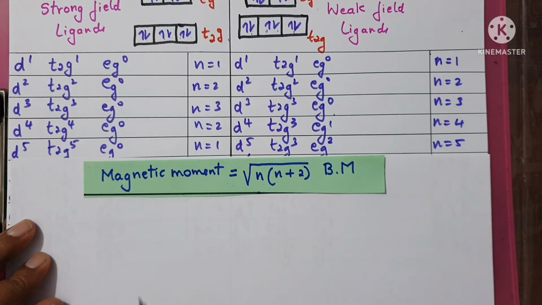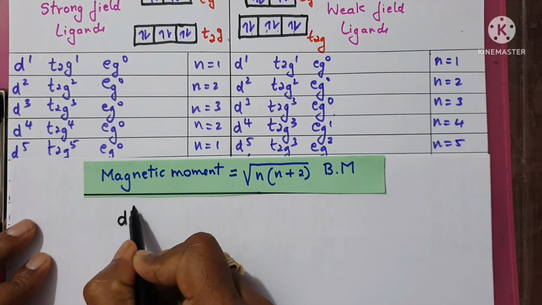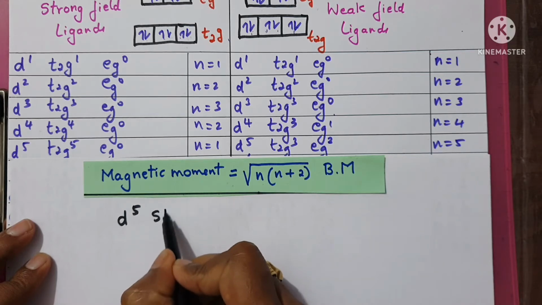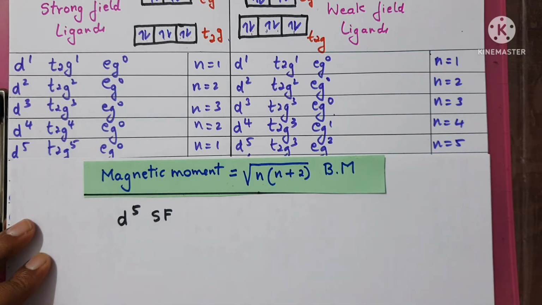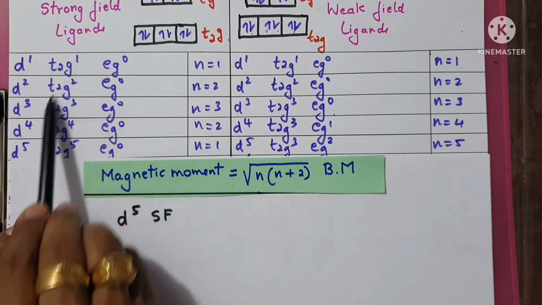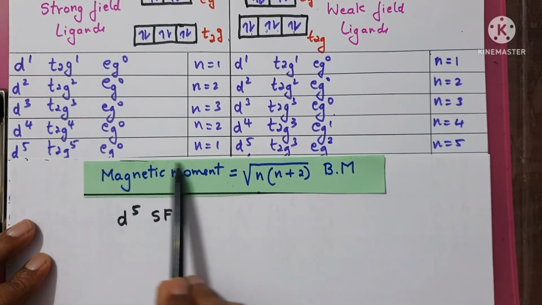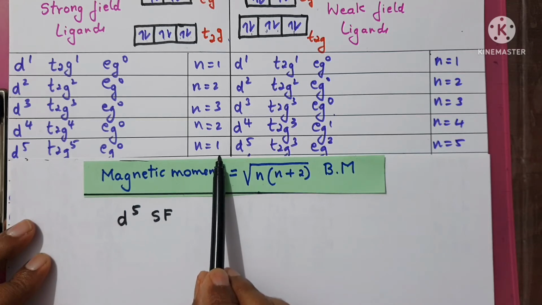For example, if they have given a d5 configuration and that is for a strong field ligand, you can observe here for d5 the number of unpaired electrons is 1.